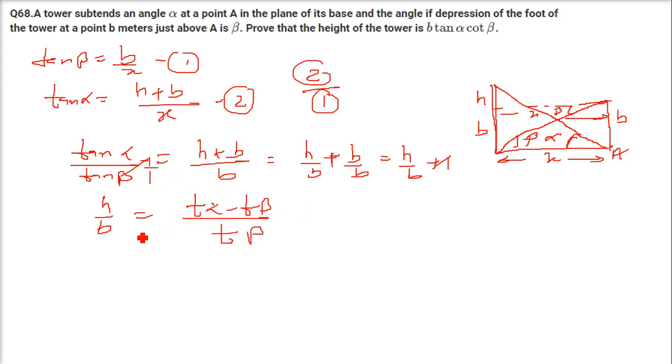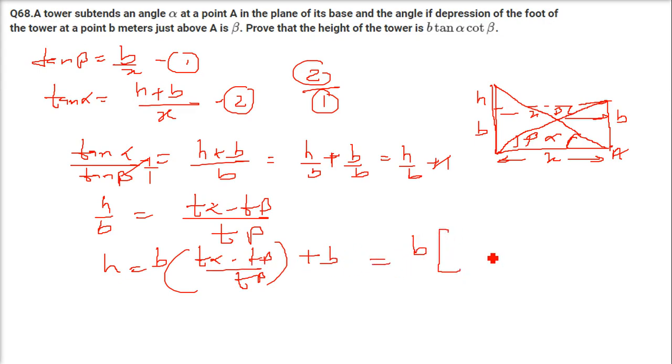Just multiply this with H. H will be tan alpha minus tan beta by tan beta into B. So this is the height, but we have to add this B also to this height. So let me add a B.